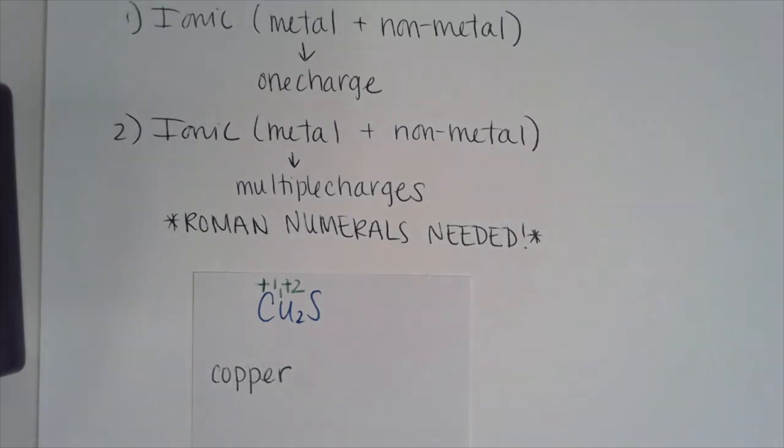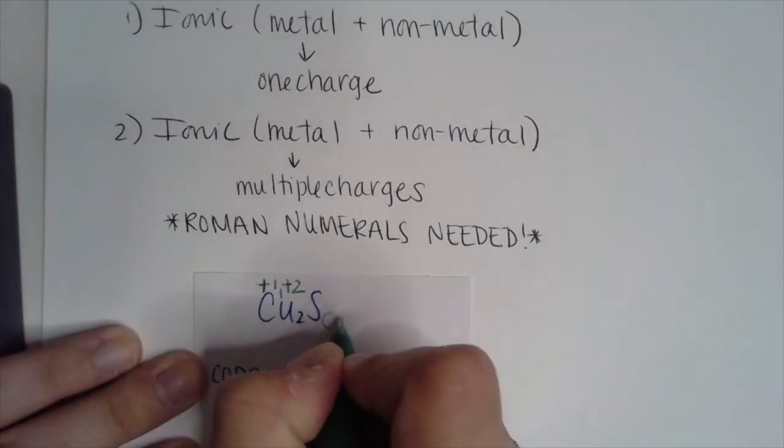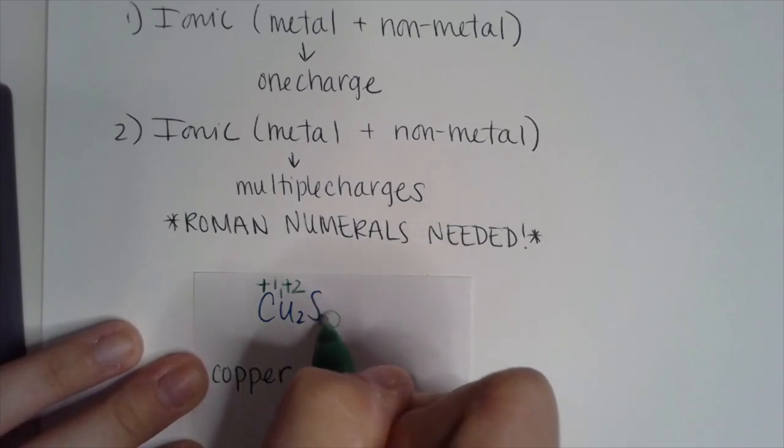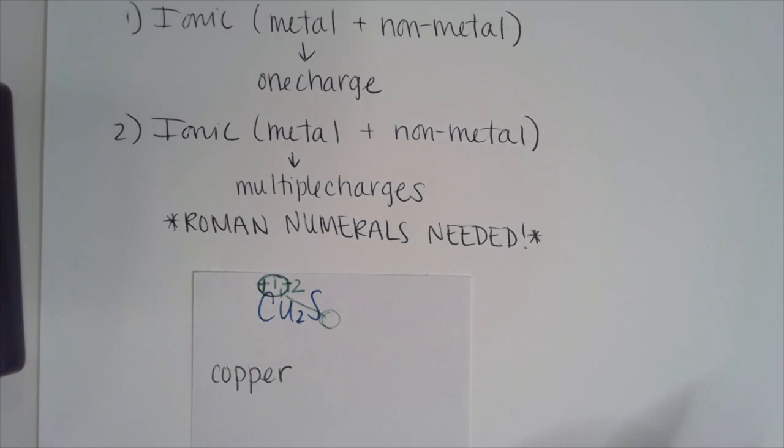Now, if you're in AP chemistry, if you know that copper has multiple charges, you can identify what the charge is just by looking at sulfur, because I can see that there's no subscript there, which means that copper's charge must be +1.